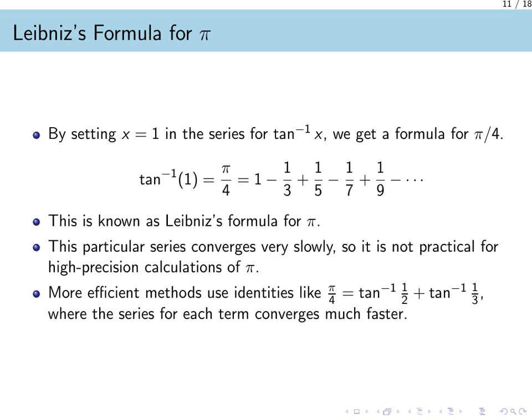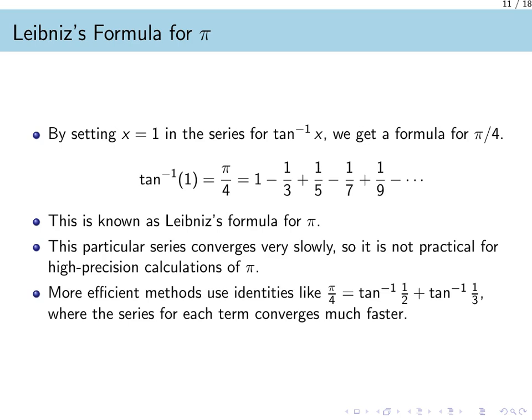While this formula is mathematically beautiful, it is not very practical for computation because the series converges extremely slowly. You would need to add a massive number of terms to get an accurate approximation of pi. A more efficient approach uses trigonometric identities to express pi in terms of inverse tangents of smaller numbers.